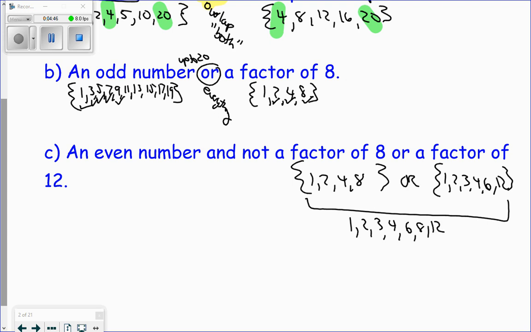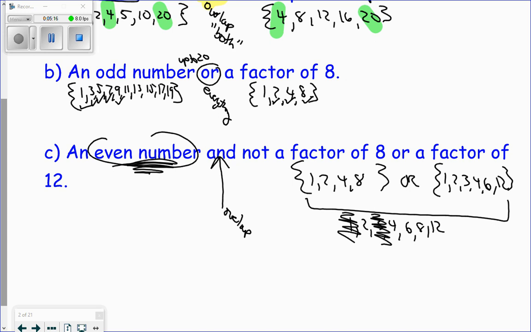Or is everything. So even number and, and is where they overlap, what they have in common. So what's the only number I have to take off the answer? 3 and 1. Thank you. So the answer is 2, 4, 6, 8, 12.